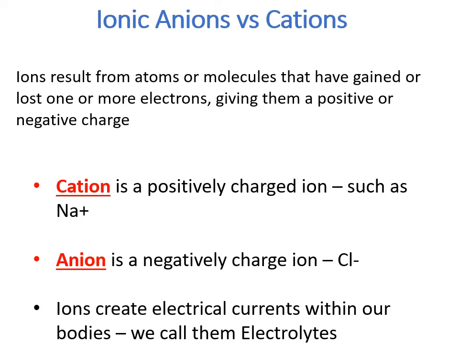Okay, so we've already spoken about what ions are, right? They're atoms or molecules that have gained or lost an electron. So they become positive if they've lost electrons, one electron, two electrons, or they become negative if they've gained electrons. Now, we call an ion a cation if it's positively charged, such as sodium.